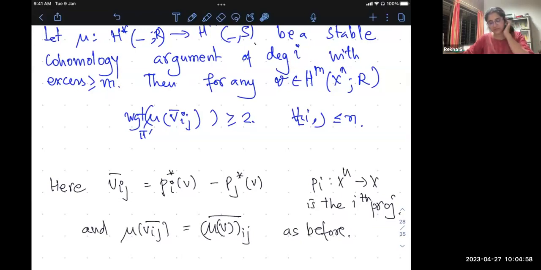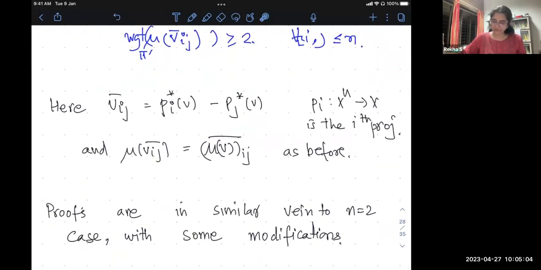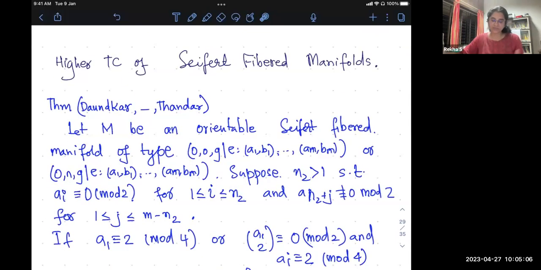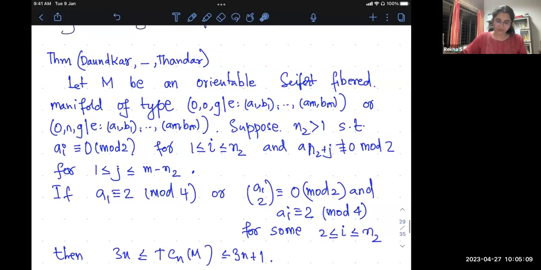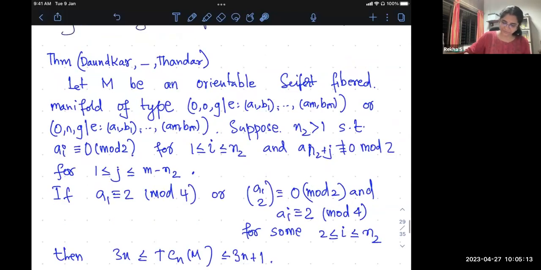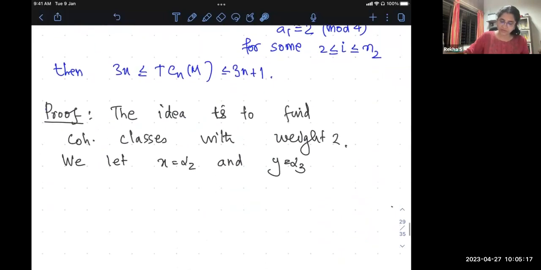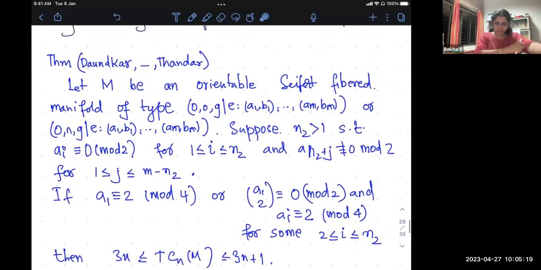So the arguments work very similarly. So I won't repeat these arguments, but I will say how this helps us compute the lower bound for Seifert fiber manifolds. All right.